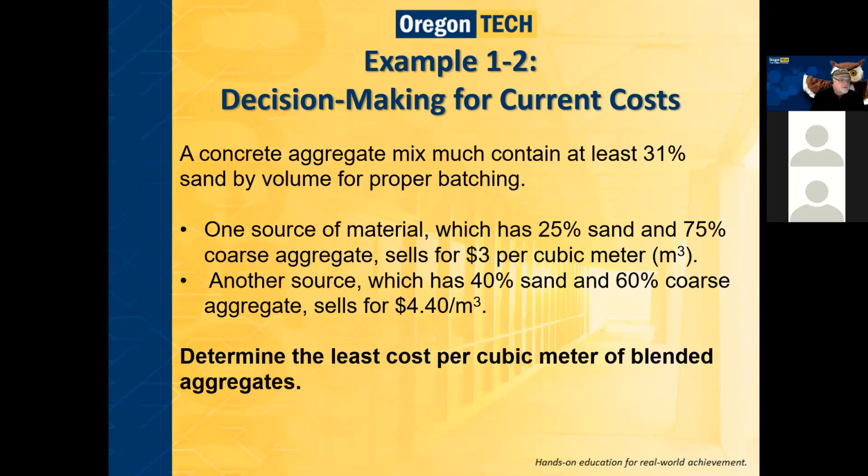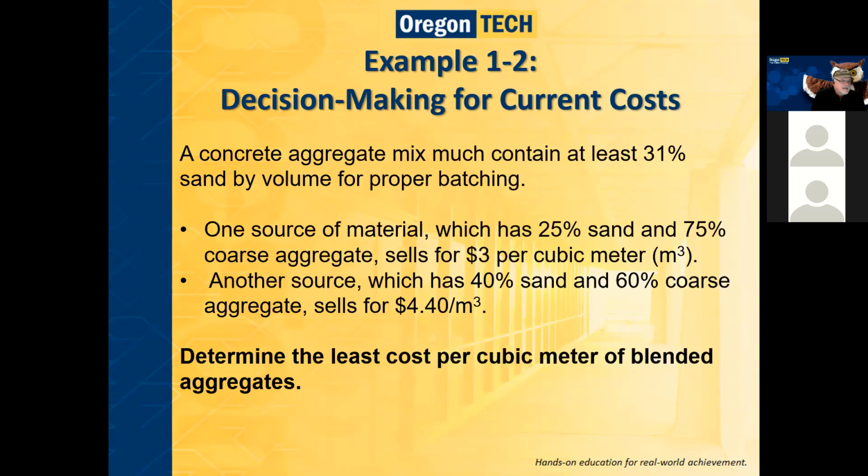A concrete aggregate mix must contain at least 31% sand by volume. Oh my goodness. And you've got two sources. One source of material has 25% sand and 75% coarse aggregate for $3 a cubic meter. Another source has 40% sand, 60% coarse aggregate, and sells for $4.40.